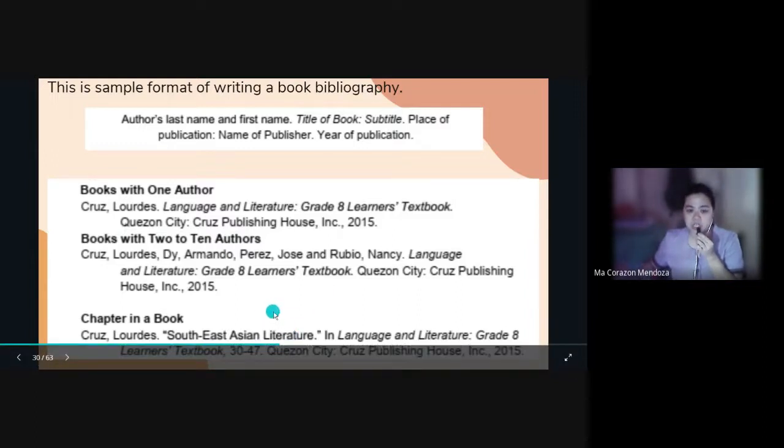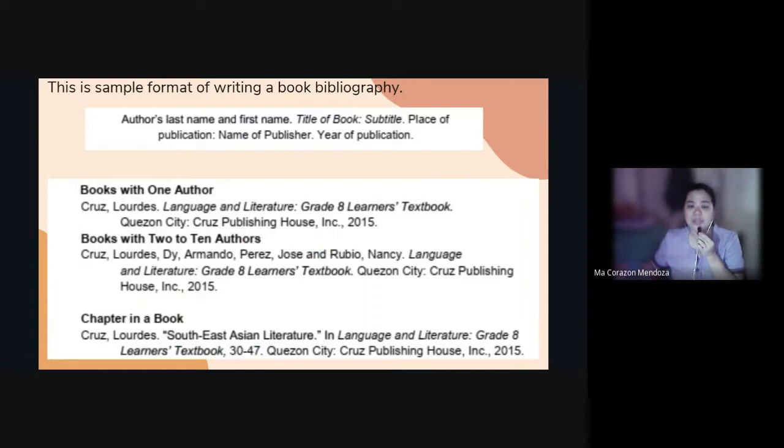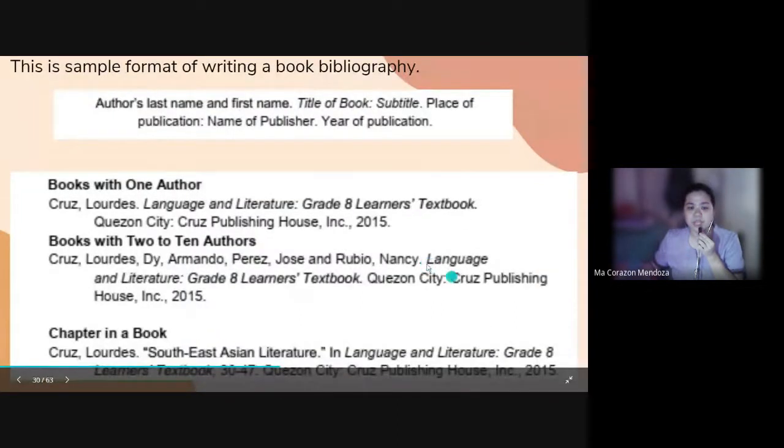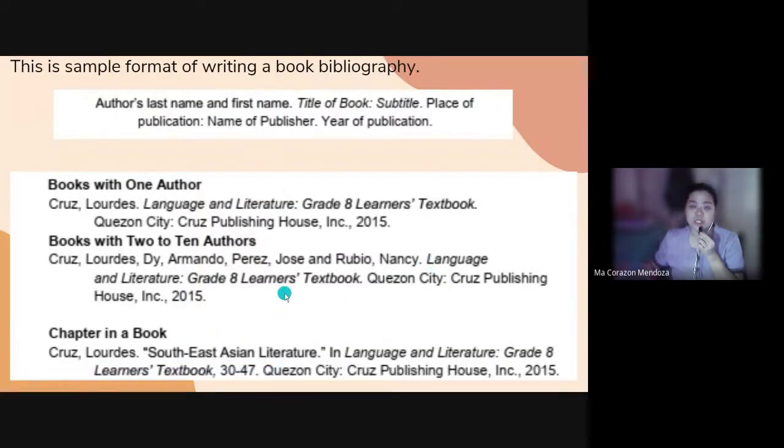Southeast Asian literature, period. And all of them are inside the quotation marks. And then you will put in, in Language and Literature, which is the title, again in italics, colon, Grade 8 Learner's Textbook, 30 to 47, period. 30 to 47 would mean the pages wherein we can find the chapter, period.